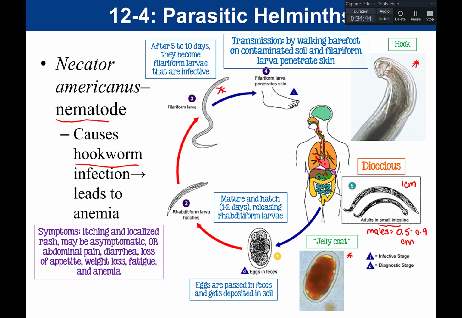Now, in terms of anemia, anemia is a condition that happens when you don't have enough red blood cells. And so what happens in anemia is that patients become very tired and fatigued because without enough red blood cells, they're not transporting oxygen effectively.